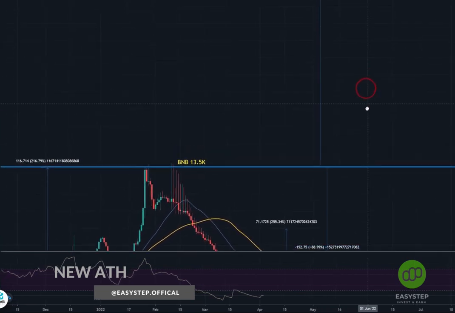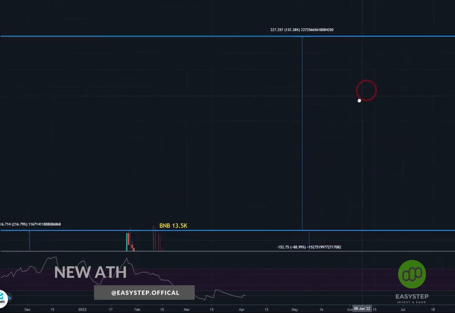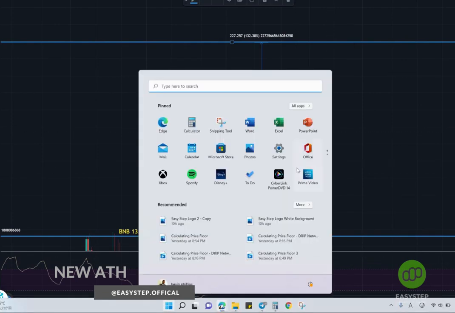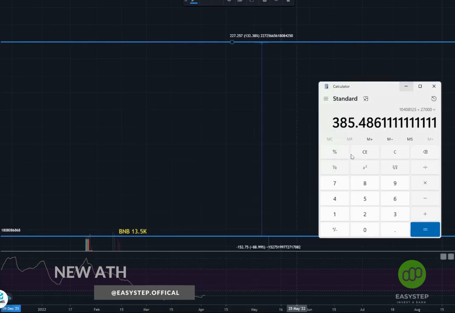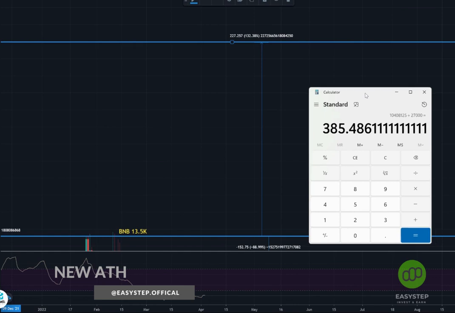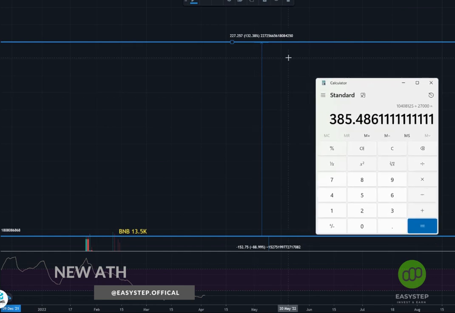If DRIP was to rise 132%, that will bring us to a price of $399, which is very, very close to that $385 price target. So that adds some type of validity to this price prediction, but anything can happen. Anything can happen, but this is something that we can look for, and hopefully this answers the question.